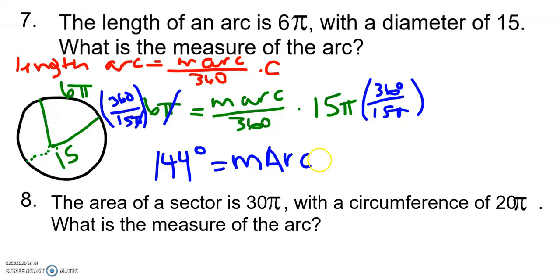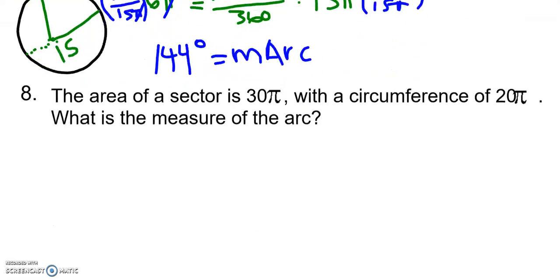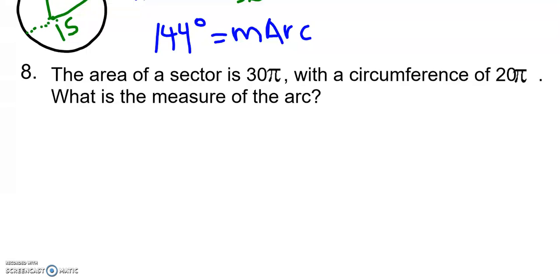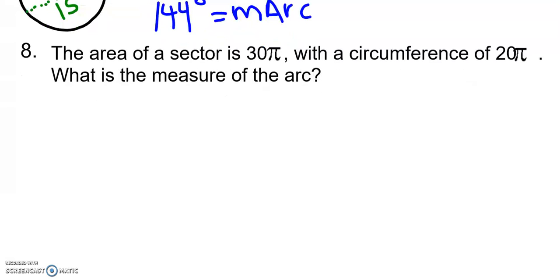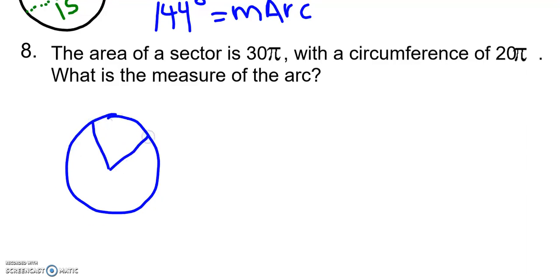Alright. And then our last problem here. So this says the area of a sector is 30 pi with a circumference of 20 pi. And we want to know the measure of the arc again here. So I'll draw my circle. So we have some area of a sector equals 30 pi.